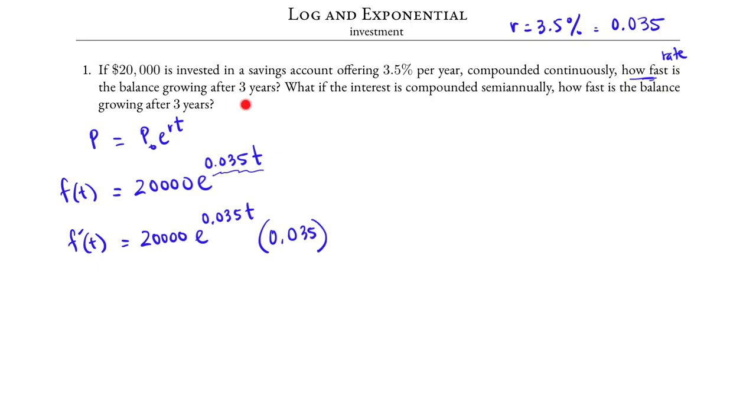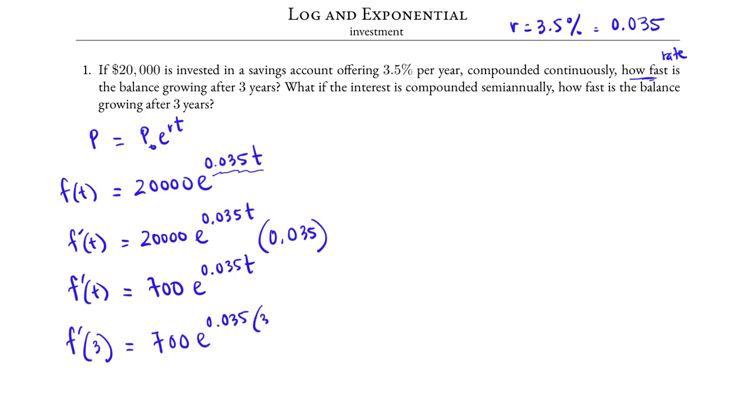Before we plug in 3, we should simplify this. f prime of t equals 20,000 times 0.035, which is 700, e raised to 0.035t. After 3 years, where t is 3, we substitute t with 3. This is 700 e raised to 0.035 times 3.